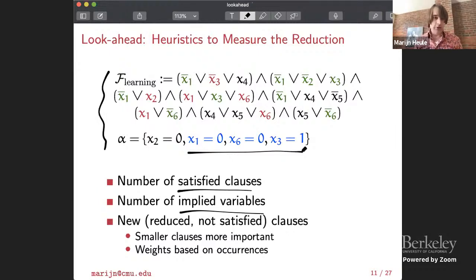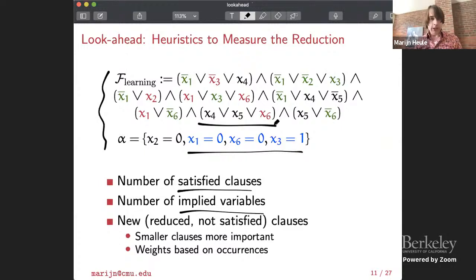The number of satisfied clauses tends to be a very bad metric. The number of implied variables is quite a bit better, but the best method typically in practice is to count and actually weigh the number of new clauses, where new clauses are the clauses that are reduced but not satisfied. In this example, this is only the clause x4, x5, or x6. This one has been reduced from a ternary clause to a binary clause.